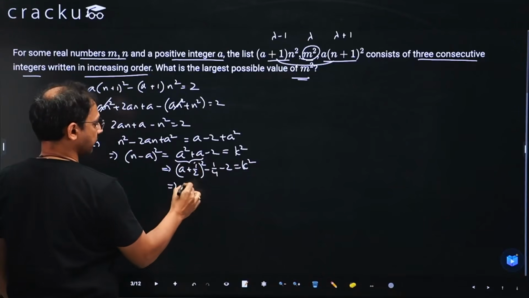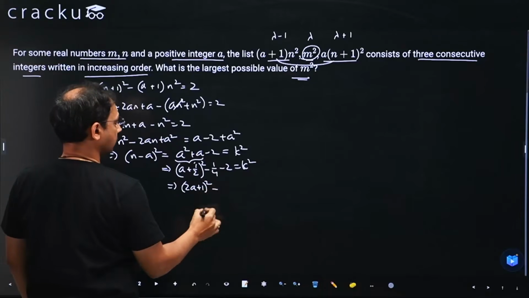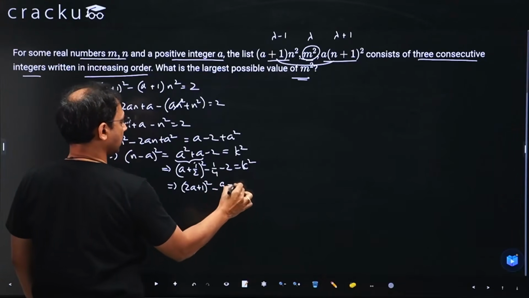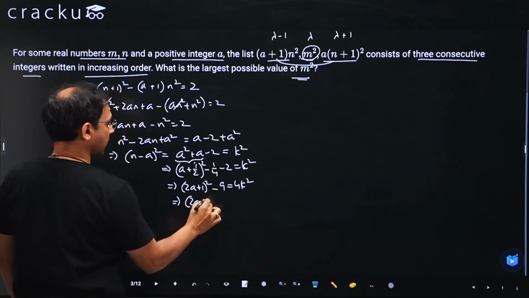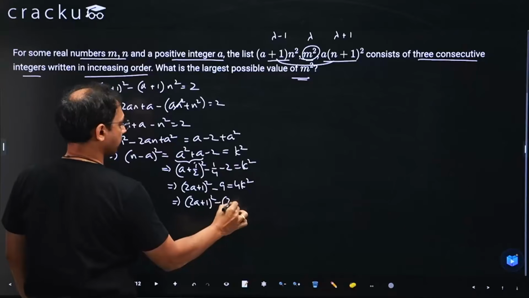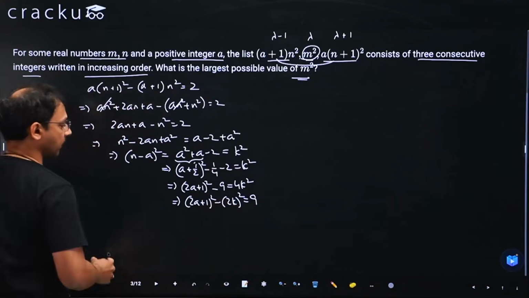Multiply by 4, I get (2a + 1)^2 minus 9 is equal to 4k^2, or (2a + 1)^2 minus (2k)^2 is equal to 9. Difference of two squares is 9.